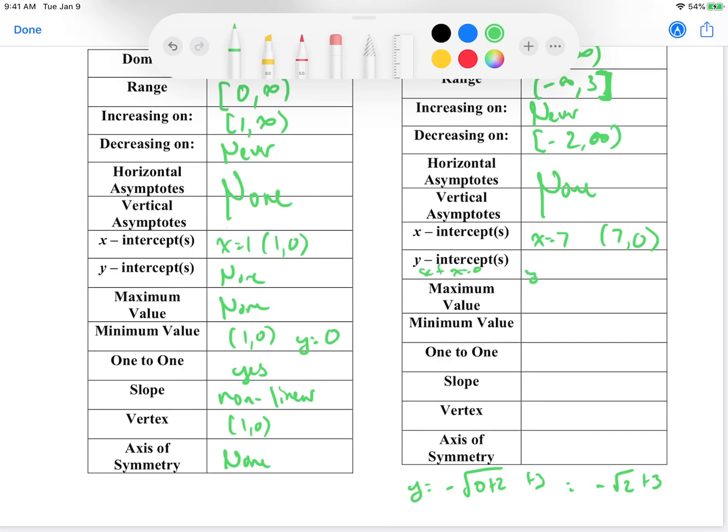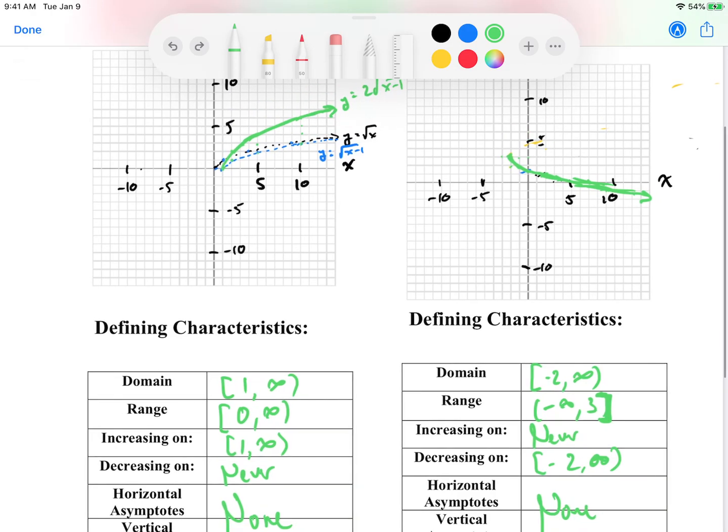So it's y equals negative square root of 2 plus 3. And again, you can use Desmos to evaluate that and estimate it, but that's all we have. Our maximum value: we do have a maximum this time, because this point right here is the highest point on my graph.